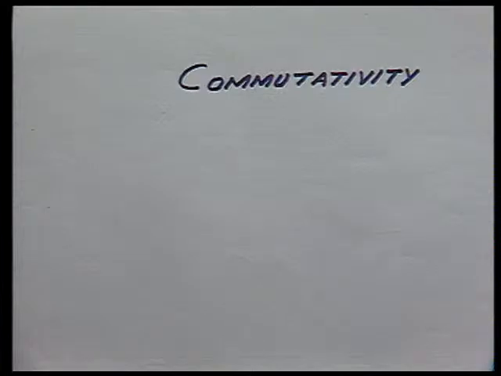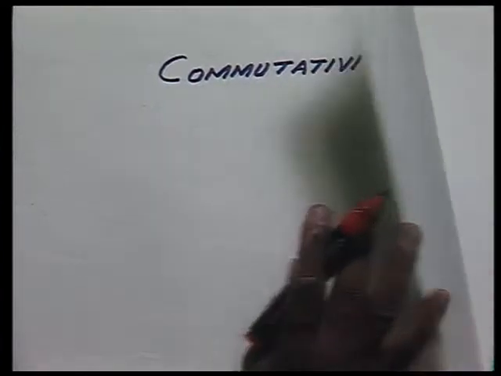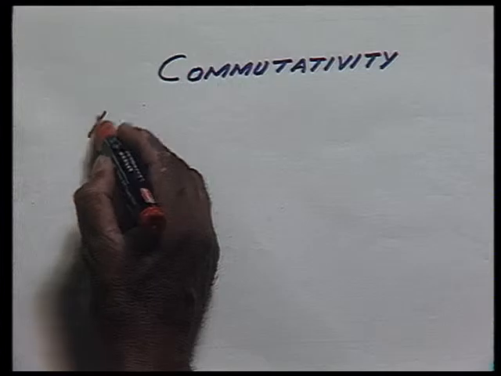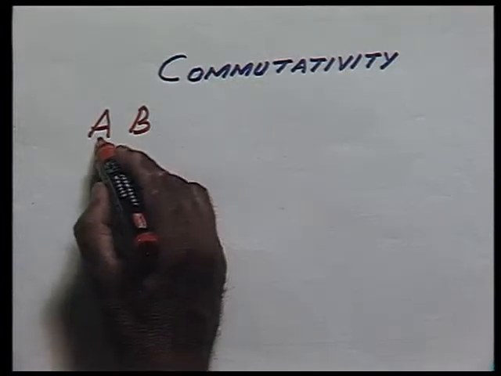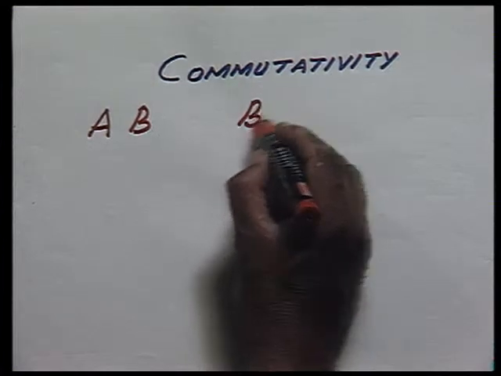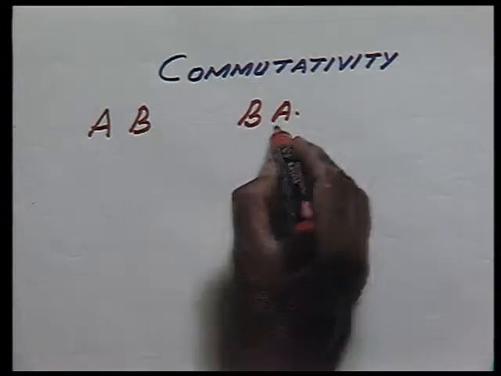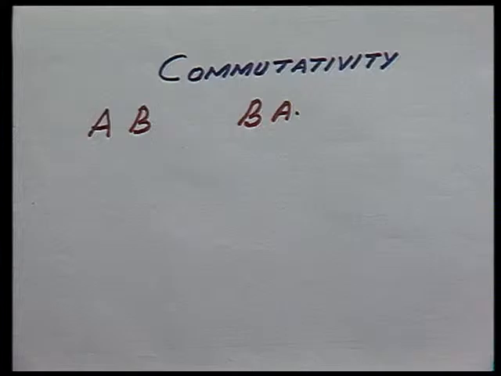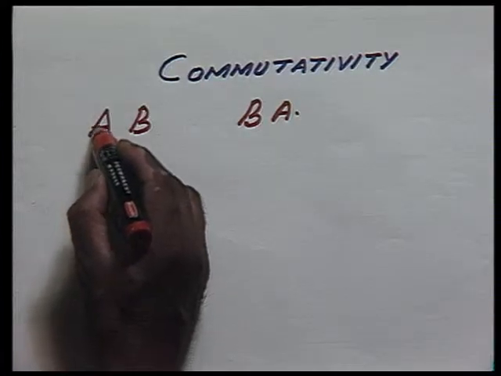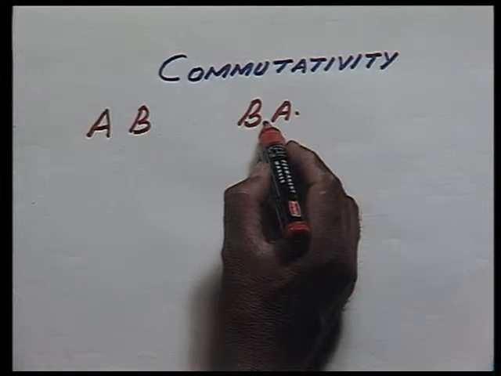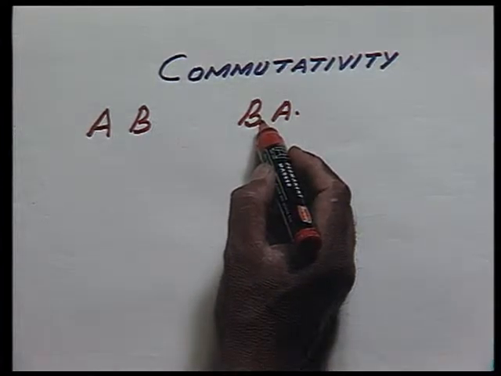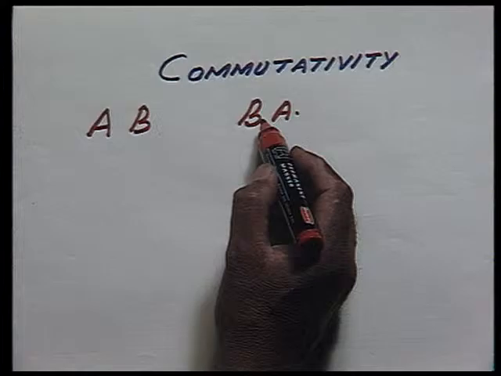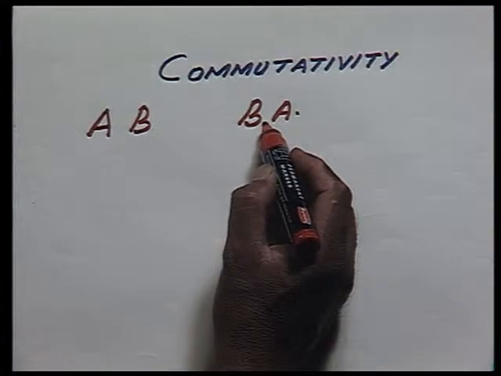Commutativity means that if I have a matrix A and a matrix B, then this product has got to match with this product. In the case of addition, when we were adding, we found that they were equal, but is it true in the case of multiplication? Let us try out a few examples and see.